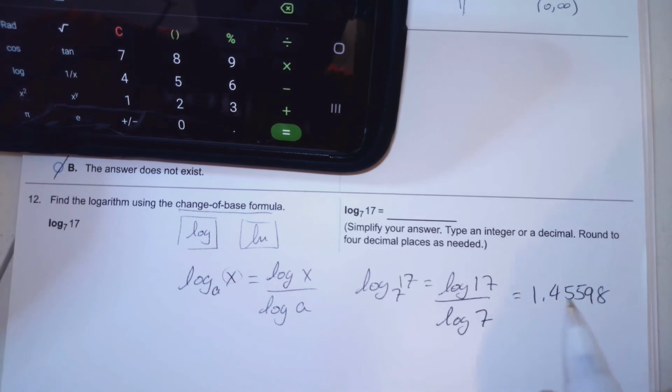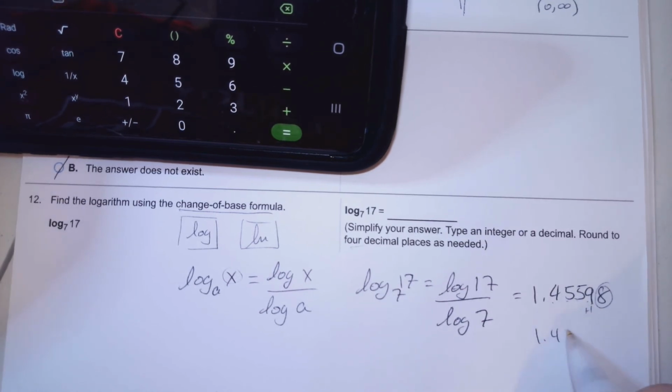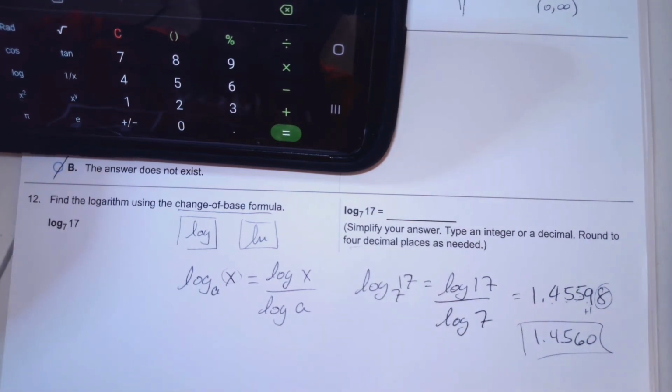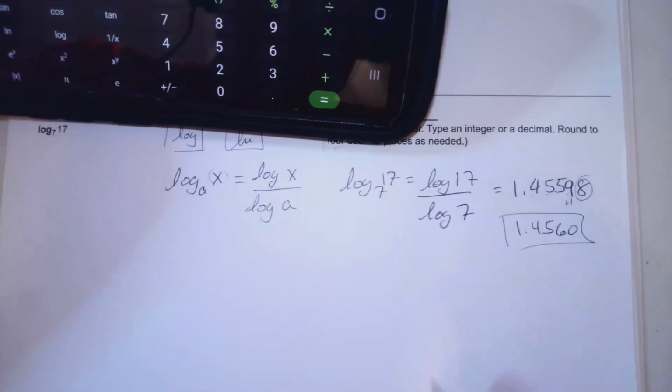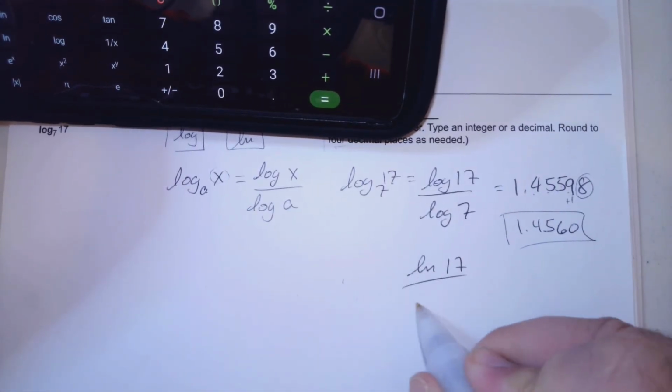1.45598. 4 decimal places. 1, 2, 3, 4. Since that's an 8, we add 1 to that. Let's see what happens if you use ln. Will you get the same answer?